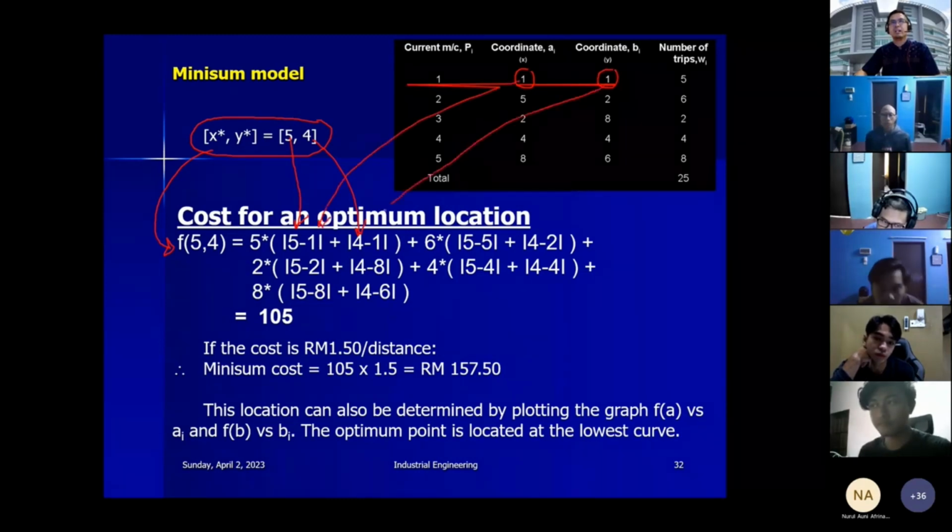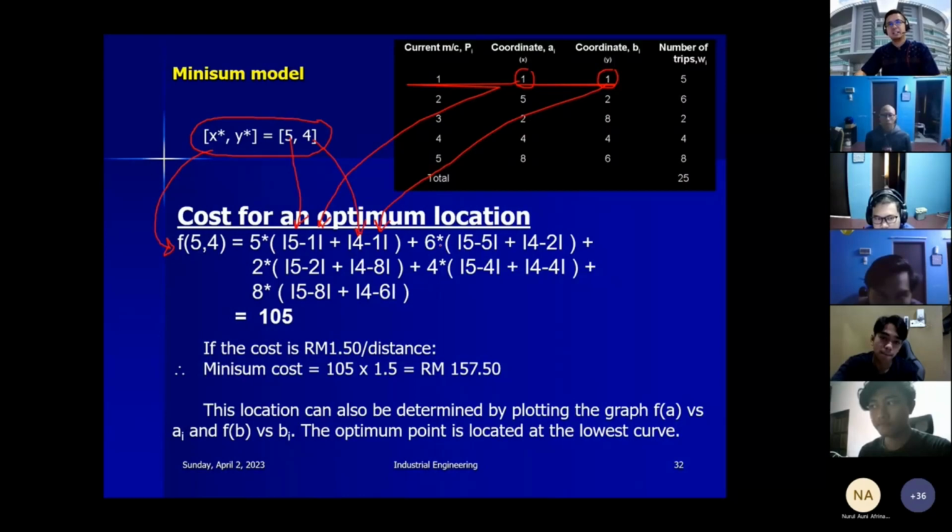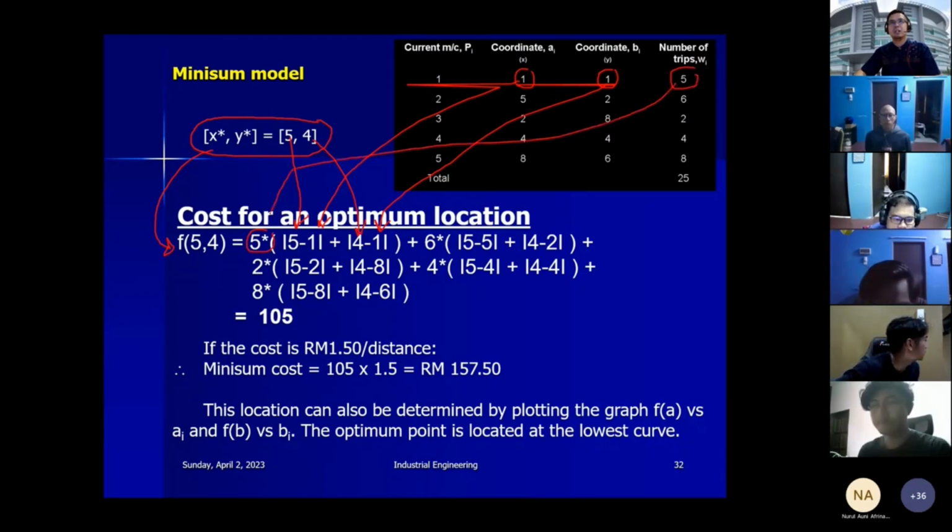D1, and times 5, plus 6. Why 5? Because of the number of trips. Same goes for 6. Number of trips, 6 will be here.